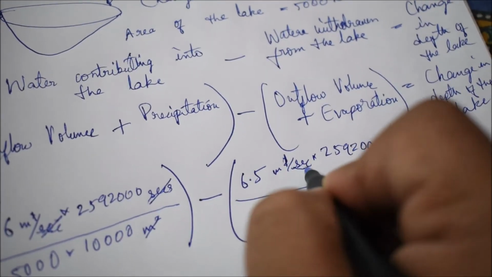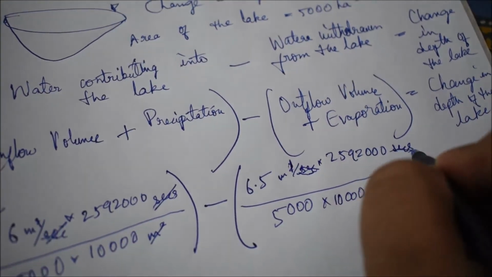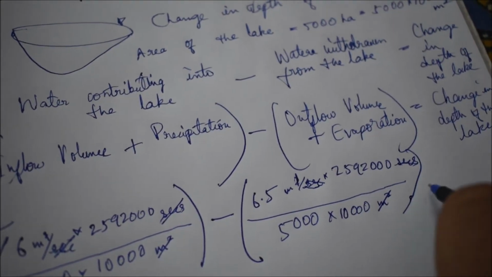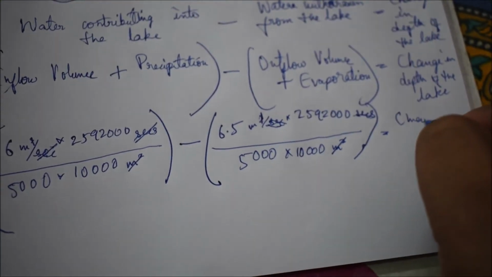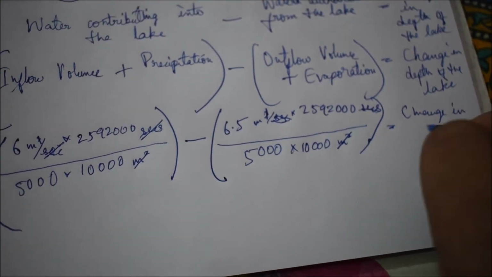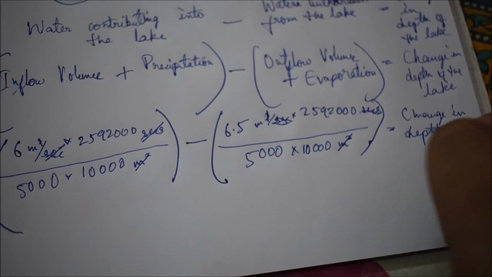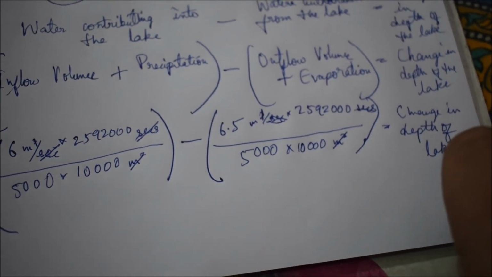The seconds will get cancelled, and we will be left in terms of meters, which is our desired result, that is change in depth of lake. So let us calculate this and see what result we arrive at.